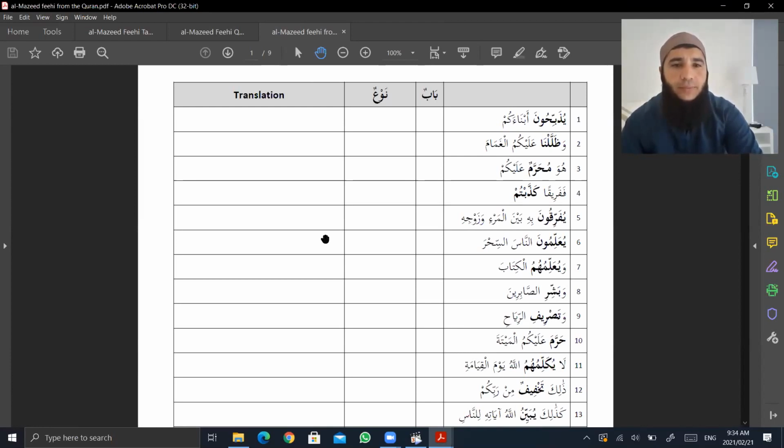Okay. Another one. Number 4. We just look at maybe 10 of them. Let's see how far we get. فريقا كذبتم. The verb we have is كذبتم. Verb, we know it's in the second verb. Now, what type of word is it?